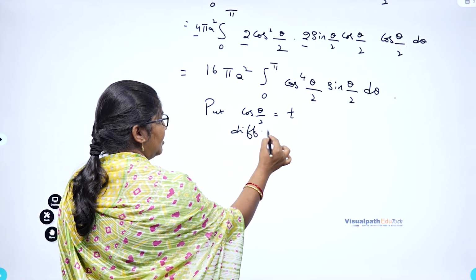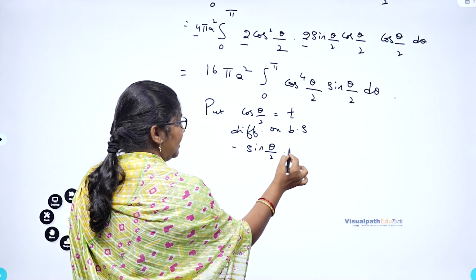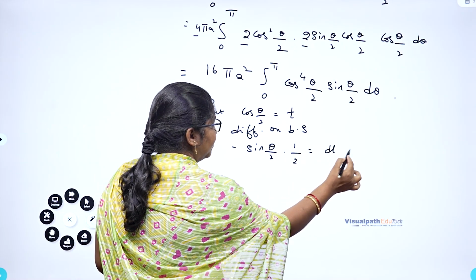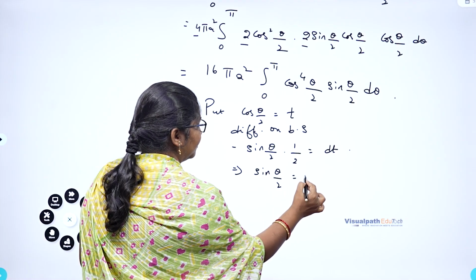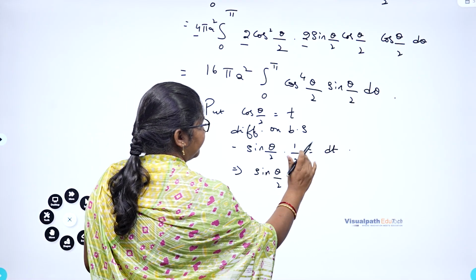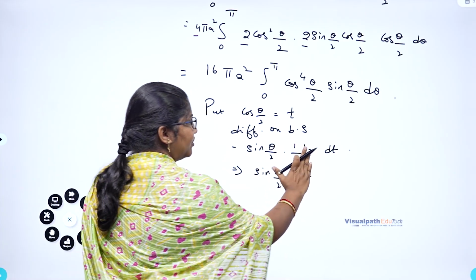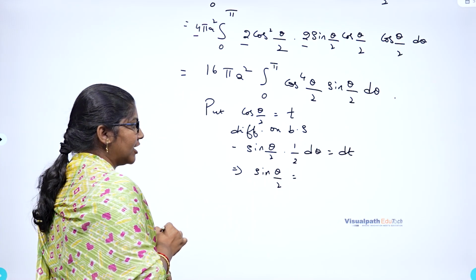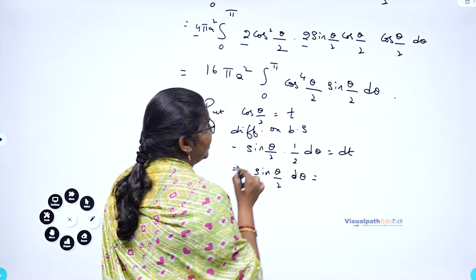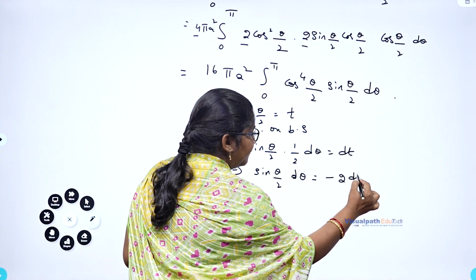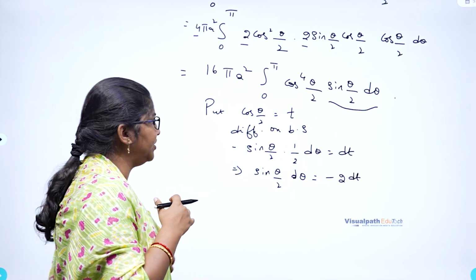Differentiating on both sides, minus sin theta by 2 into 1 by 2 into d theta is equal to dt. So sin theta by 2 into d theta is equal to minus 2 times dt. Here in place of this, we will substitute minus 2 into dt.